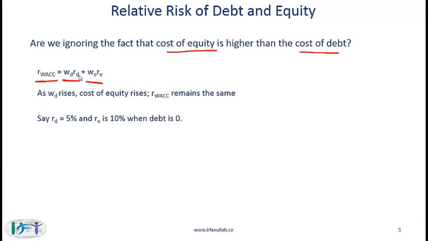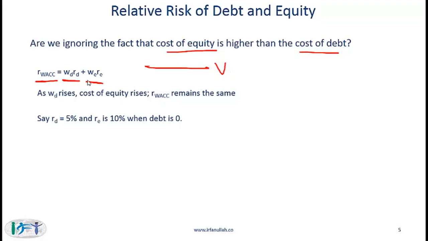Also, we said that the value of a company is maximized when cost of capital, the weighted average cost of capital, is at a minimum. So if we are saying that the value is fixed regardless of capital structure, then we are also saying that the cost of capital is fixed or remains constant regardless of the capital structure. So does that really make sense?